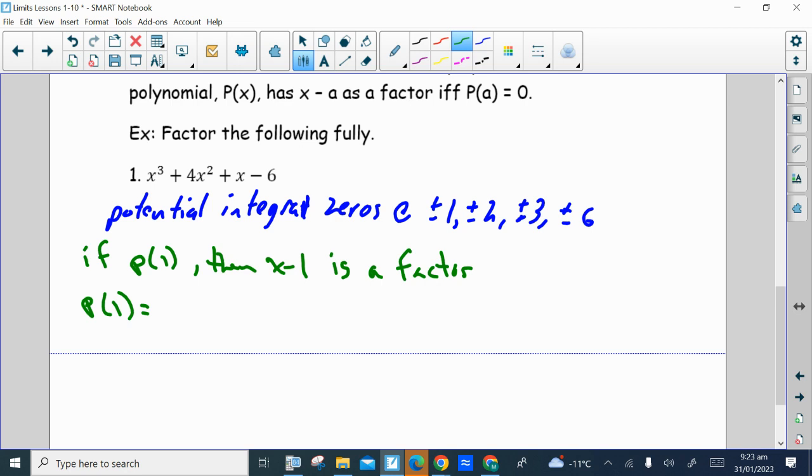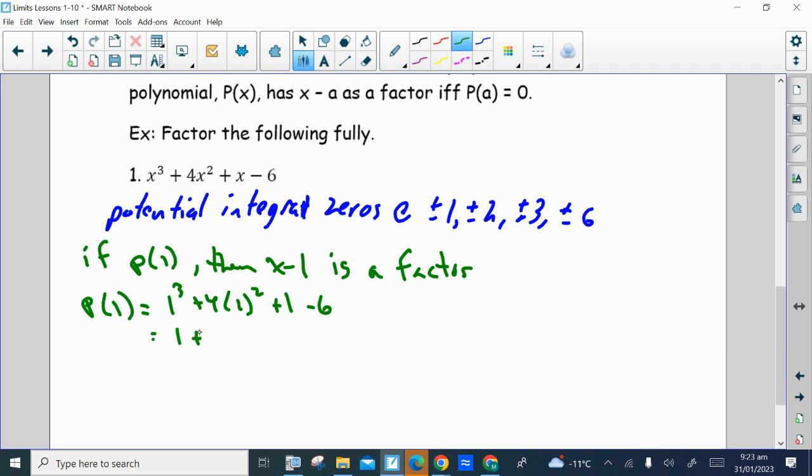If you get 0 as an answer, that means that x minus 1 is a factor. It tells us that the remainder is 0 when you divide by x minus 1. So you'll get 1 cubed plus 4 times 1 squared plus 1 take away 6. You'll get 1 plus 4 plus 1 take away 6, which is 0.